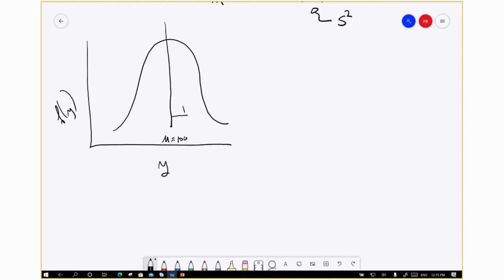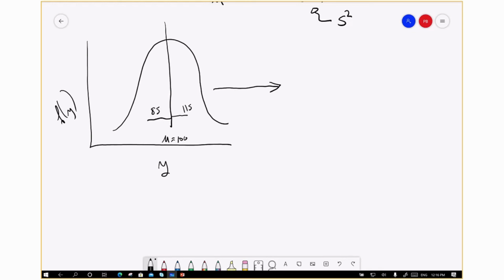So one standard deviation in this direction would be 115, and one standard deviation in this direction would be 85.